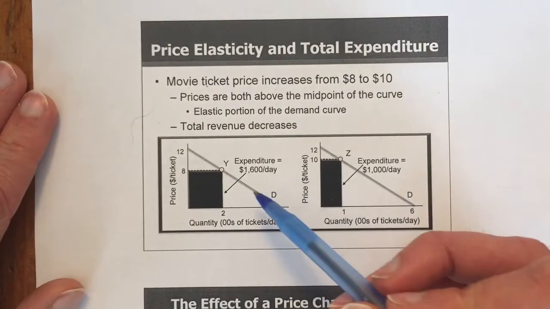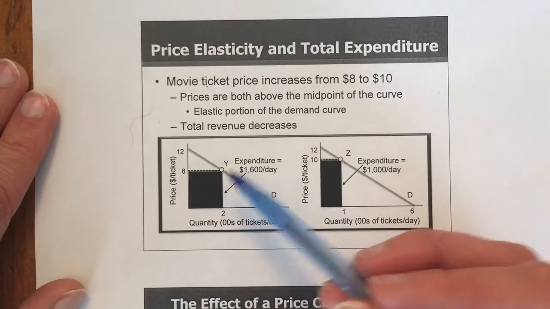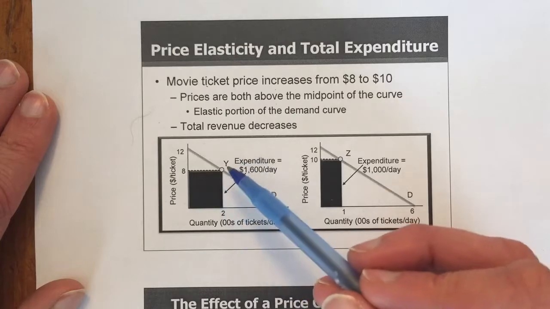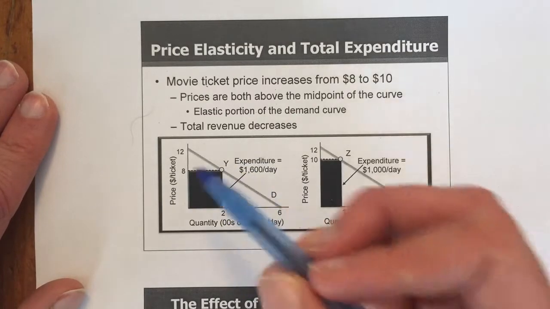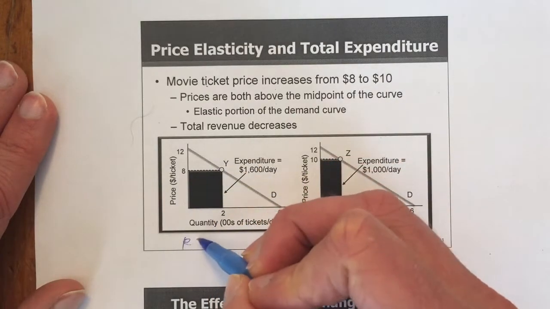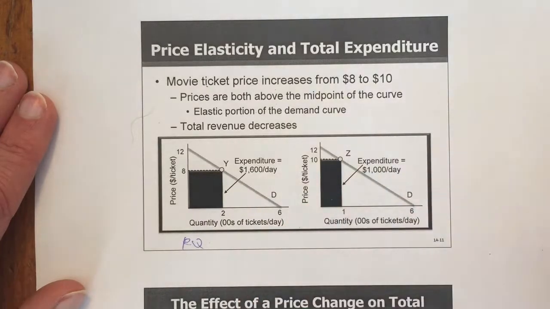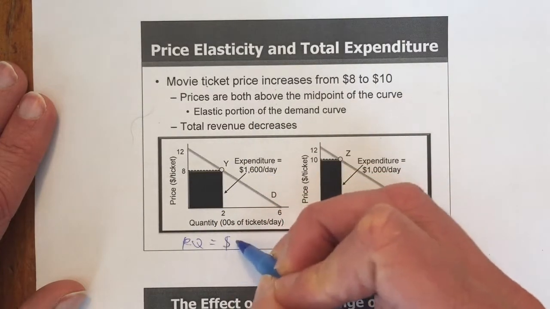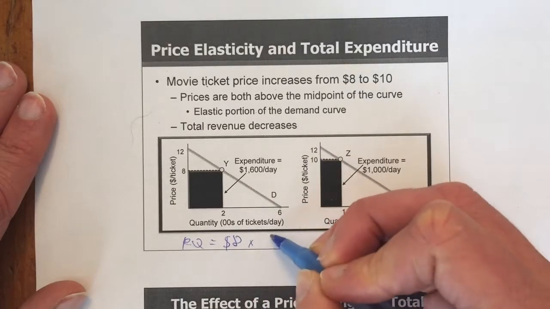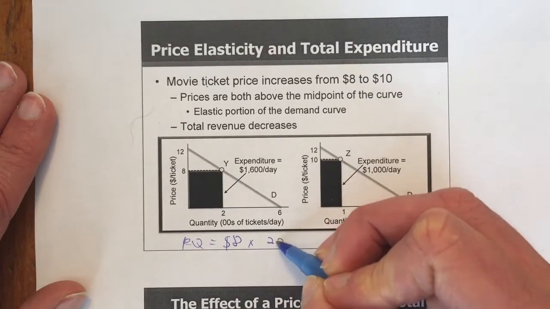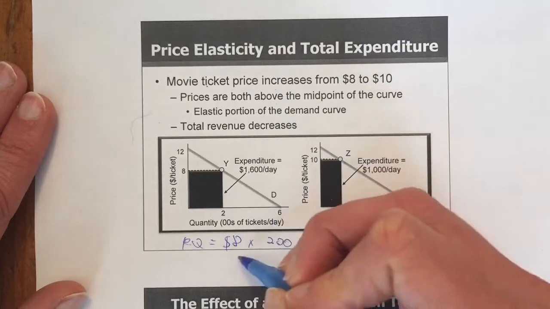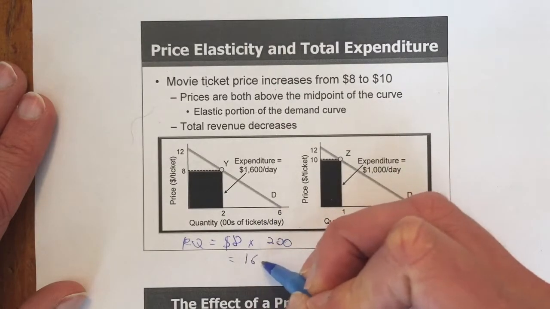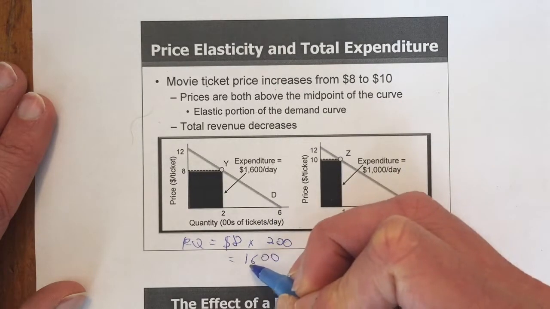Now imagine that the movie tickets were originally $8, so that is the initial amount. Again, just multiply price times quantity: $8 a ticket times 200 tickets a day will result in $1,600 of total expenditure.